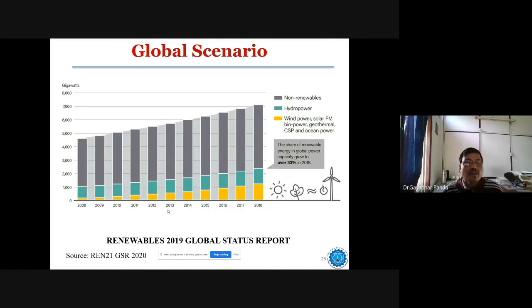And as I told you, some background is there. We have collected a few data so that you can see the global scenario of the different renewable energy sources, how the power generation is increasing, and definitely, time to time, we are increasing the power generation from renewable sources.